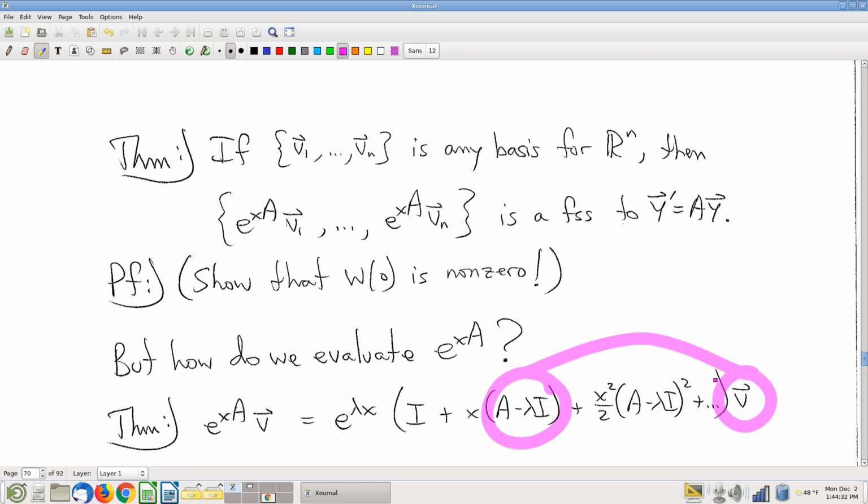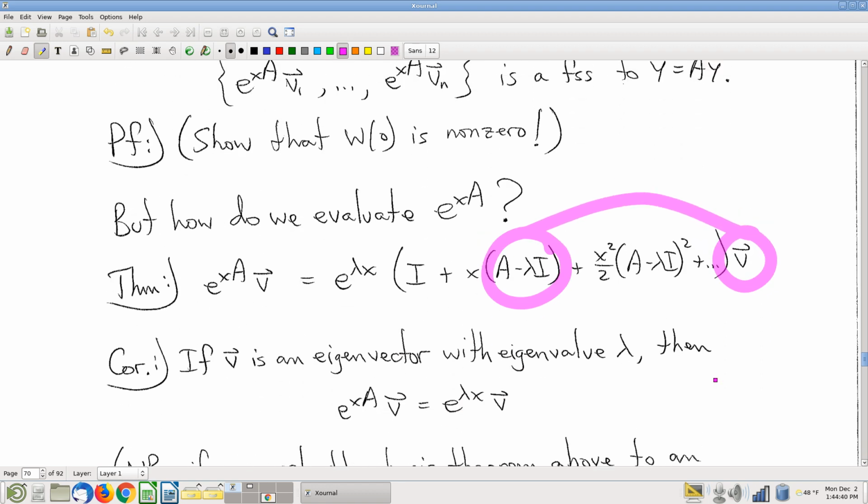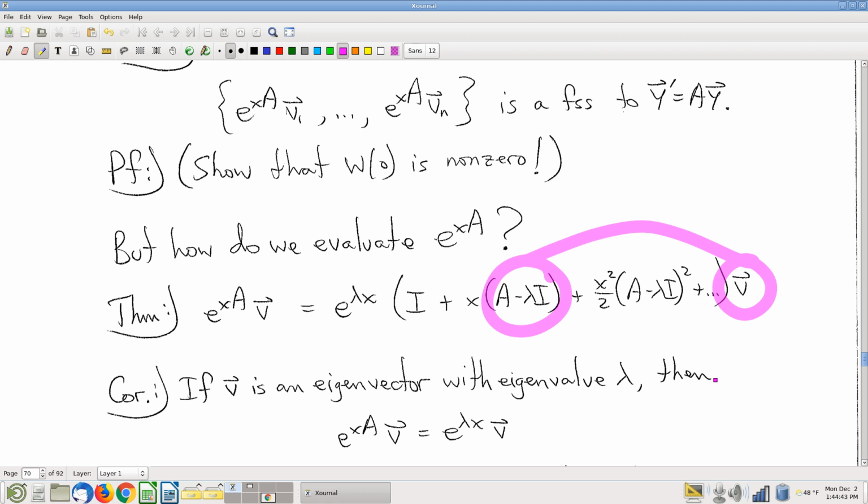What is A minus lambda I times a vector? What are the special vectors where that's easy to understand? Well, the first obvious example is eigenvectors. If you're talking about an eigenvector, A minus lambda I times an eigenvector always gives you 0. And that makes, of course, all of these terms in the infinite series disappear.